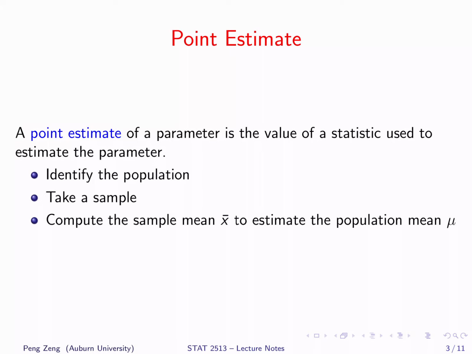A point estimate of a parameter is the value of a statistic used to estimate the parameter. Recall that a statistic is a number calculated from a sample. For example, the sample mean is a statistic. A parameter is a number characterizing a population. The population mean is a parameter.